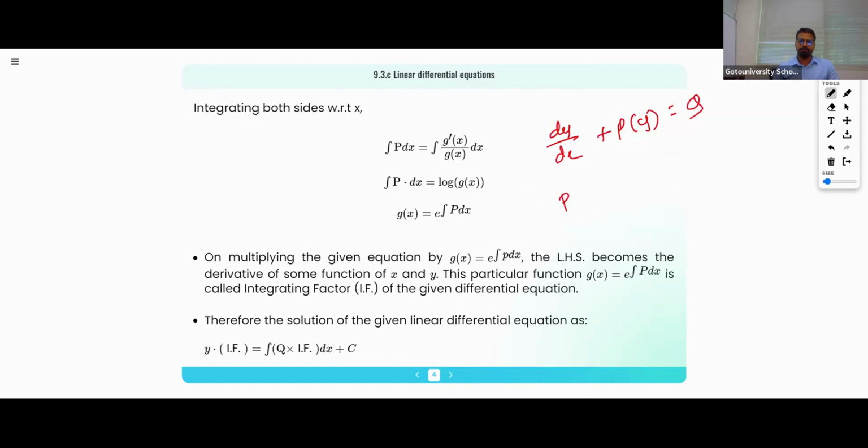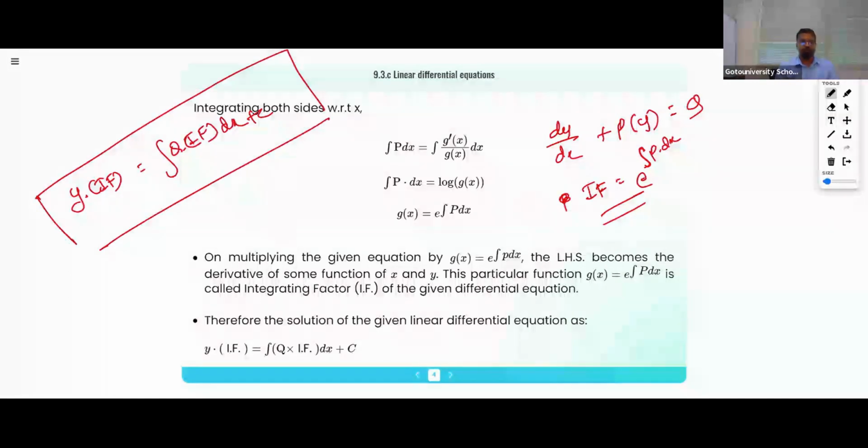That p, we have to find something called the integrating factor, which is of the form e power integral of p dx. With the integrating factor, what we're going to do is multiply that integrating factor with y, which will be equal to the integration of q into the integrating factor with respect to x plus c. That will give you the differential equation solution.